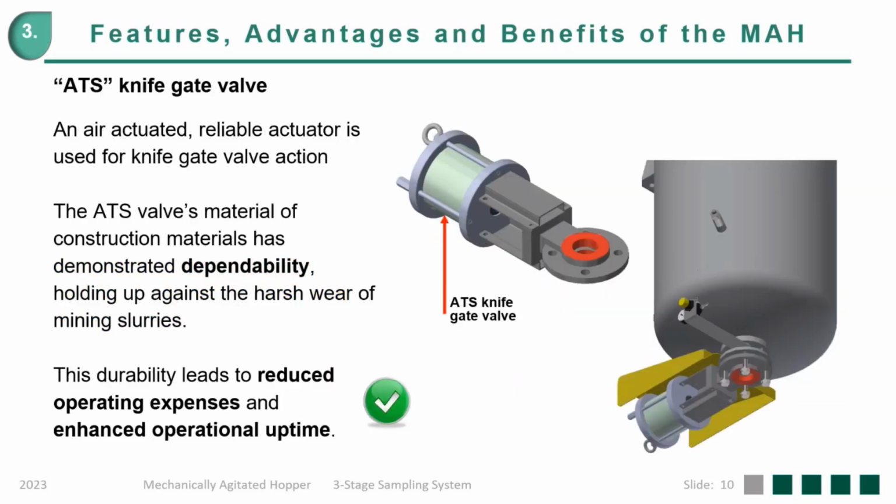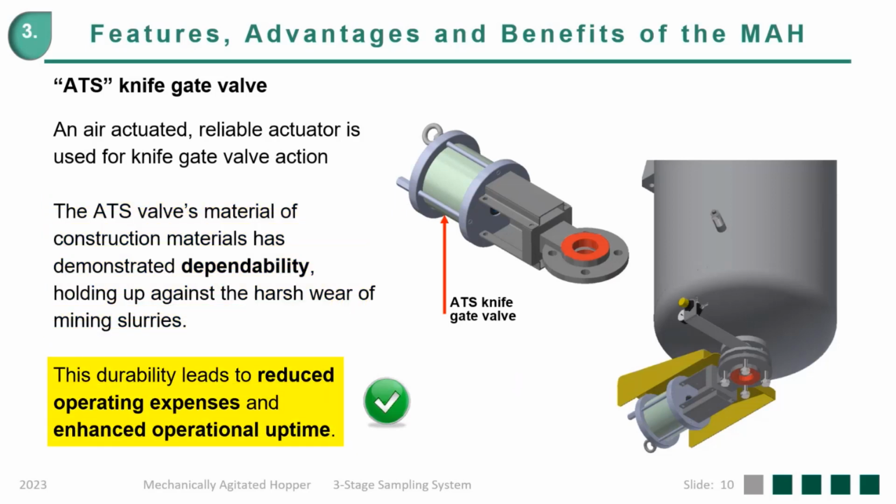At the bottom of the mechanically agitated hopper, we have ATS knife gate valves. An air actuator, a reliable actuator, is used for knife gate valve action. The ATS valves' material of construction has demonstrated dependably holding up against the harsh wear of mineral or mining slurries.